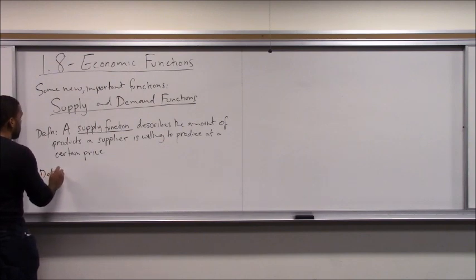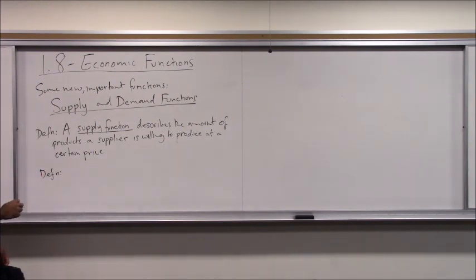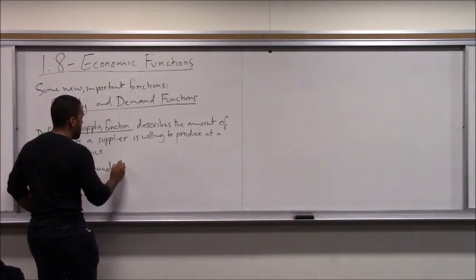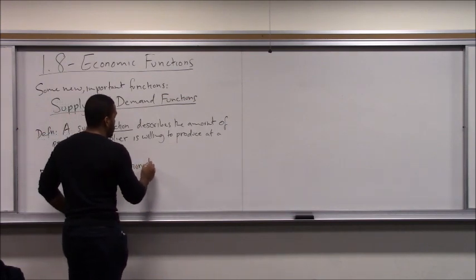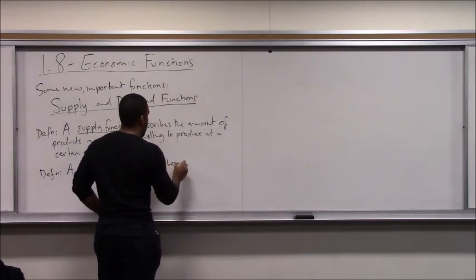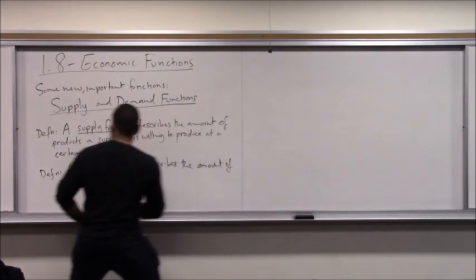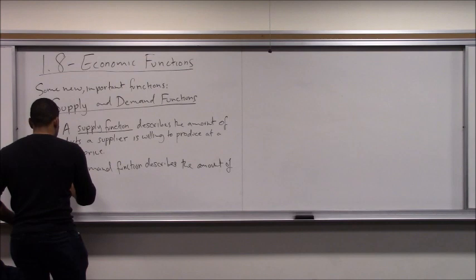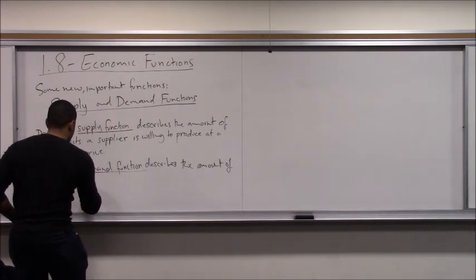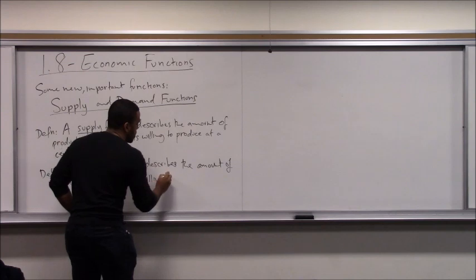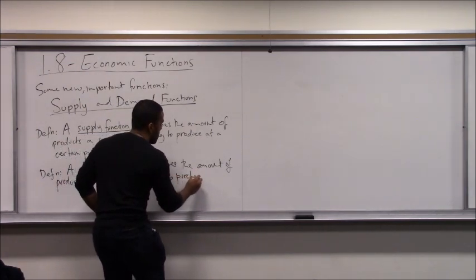The demand function is actually from the point of view of the consumer. So a demand function describes the amount of products consumers are willing to purchase at a certain price.